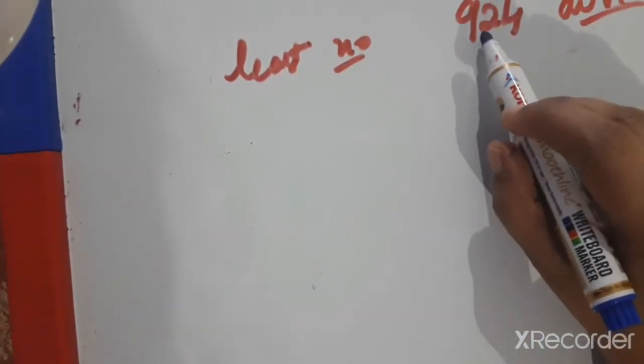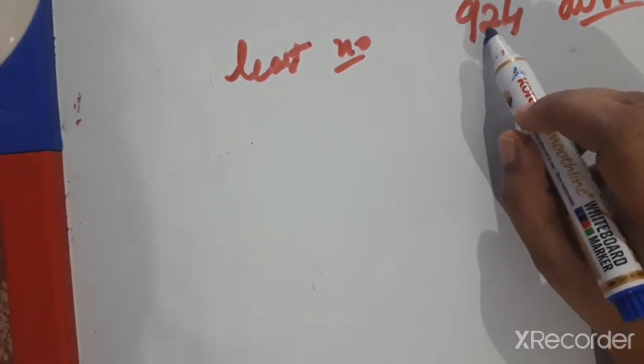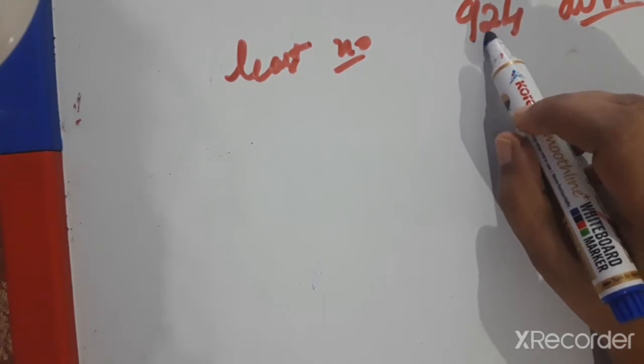First we have to find the division of this number. Least number that should be subtracted means the answer we get is less than 924. If the least number should be added, we have to get more than this number.